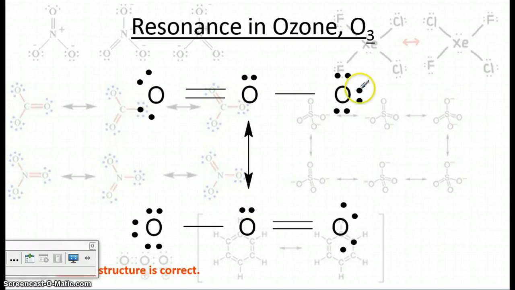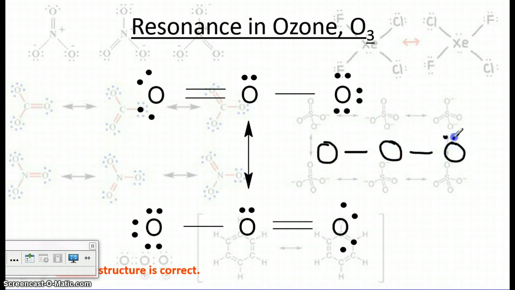Now let's go back to ozone for a second, because sometimes you will see resonance drawn differently. Instead of drawing two structures, sometimes what you see is something more like this. We've got our ozone molecule, and we're going to add our electrons, but instead of indicating two different structures with double bonds on each side, sometimes you'll see these little dashes.